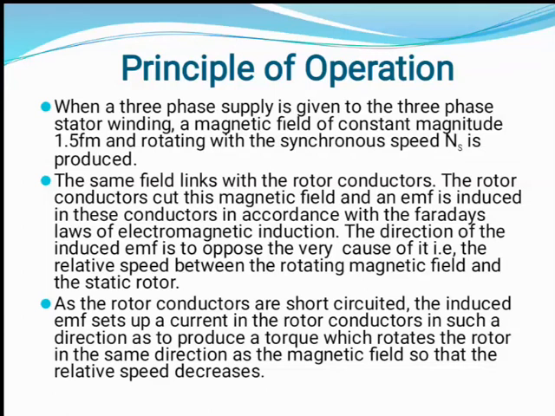As the rotor conductors are short circuited, as we have seen in the construction of the squirrel cage motor, where both sides of the rotor are short circuited, the induced EMF sets up a current in the rotor conductors in such a direction as to produce torque, which rotates the rotor in the same direction as the magnetic field, so that the relative speed decreases.